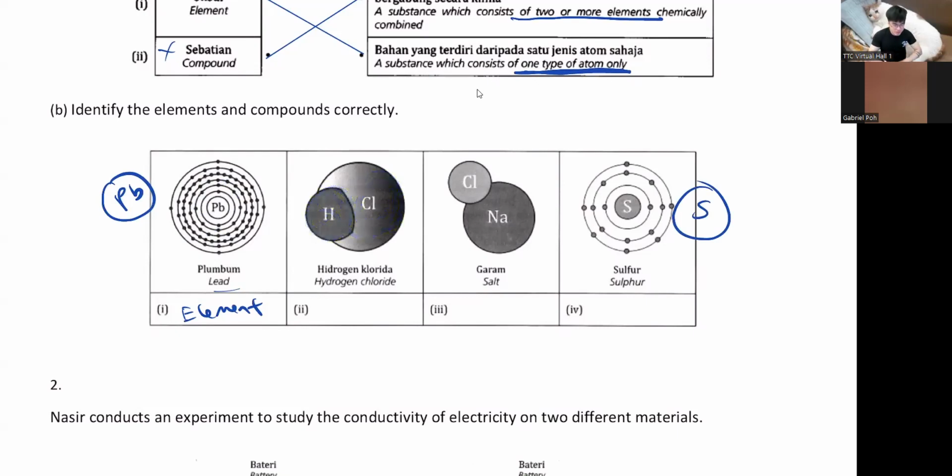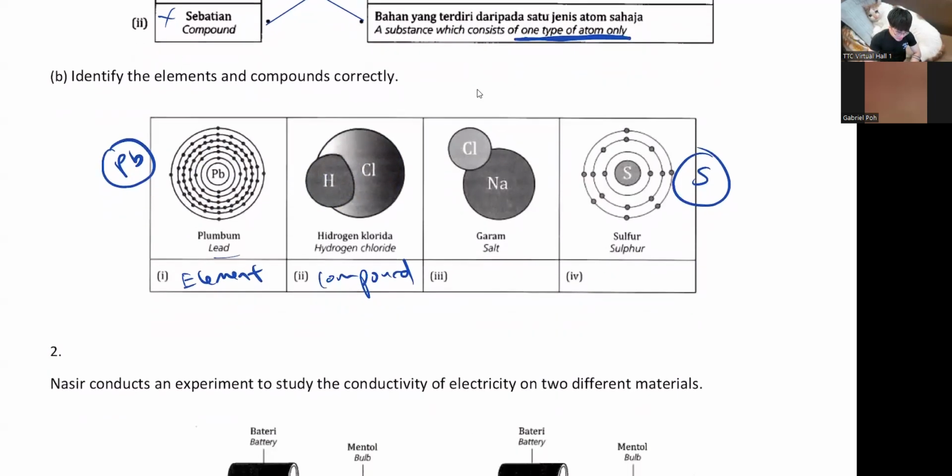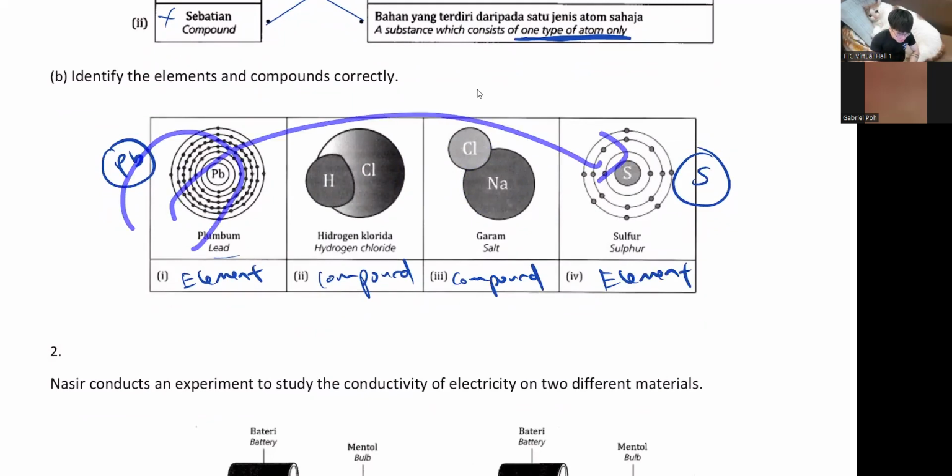So you have 2 types of Lego here. So this is a compound, which you will learn next year. Next, your salt is also a compound because there are 2 here. And the last one, sulfur, is an element, because they're atoms too.